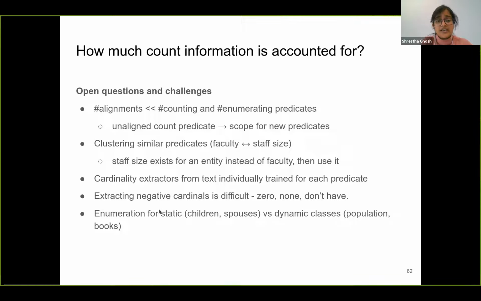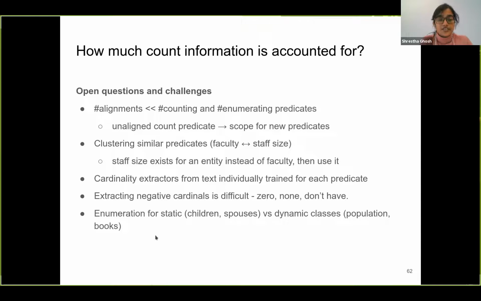We also see that because the types of predicates are unclean, it introduces sparsity. So there might be scope in clustering similar predicates, like faculty, staff size, employers, and work institutions, into a single cluster, and that increases the chances of finding alignments.